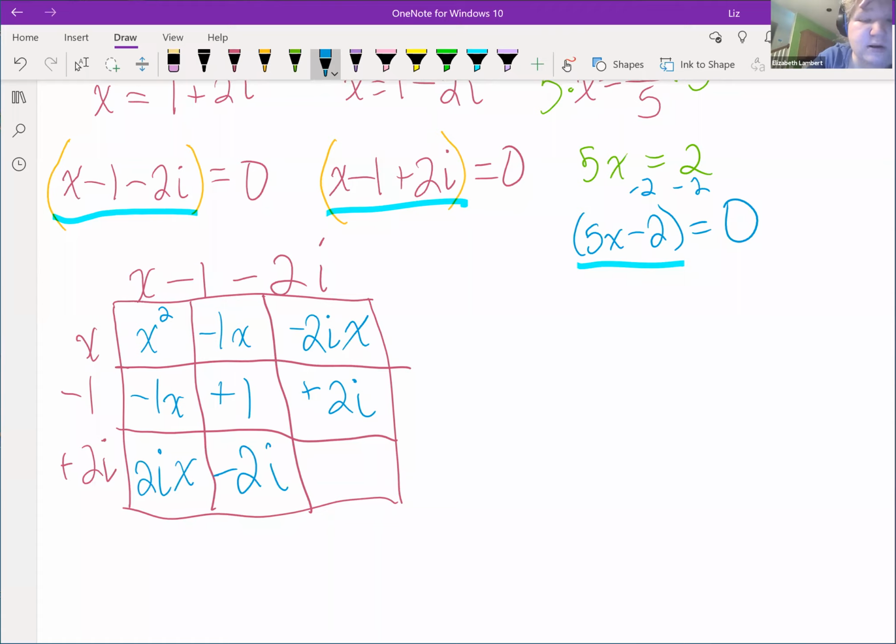I want you to look, there are a bunch of terms that cancel out. Everything that had an i there is going to go away. Then the last one here is minus 4, and i squared. So my in-between thought here is negative 4 times negative 1, so this is 4. I'll even put the plus. All right, so I have an x squared.